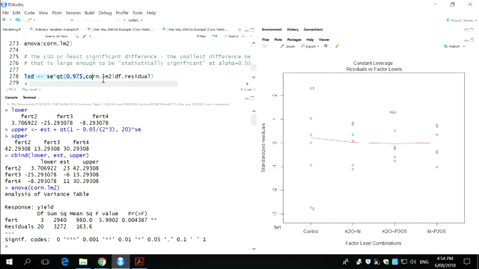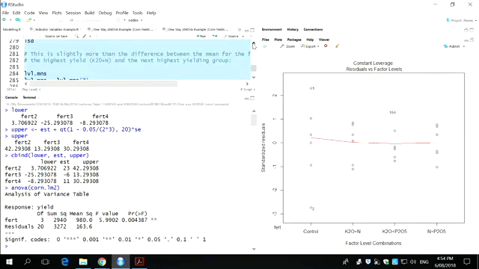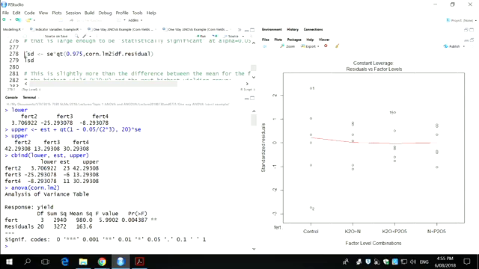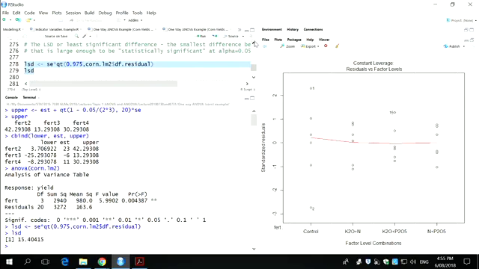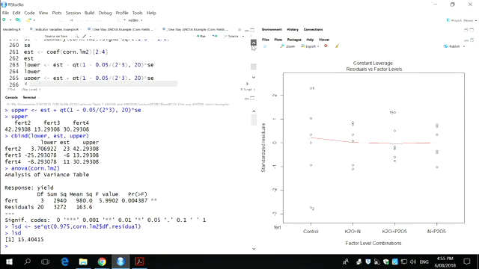Here's the LSD. I've already computed the standard error above and saved it, so I've got it there. What I've got to do is change the T quantile. Oh, 15.4. Maybe I haven't got the right standard error? I know what's happened here.